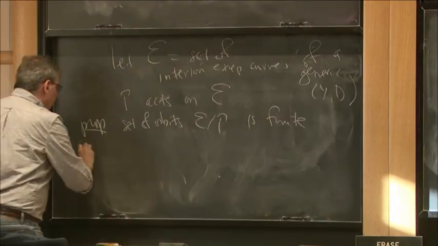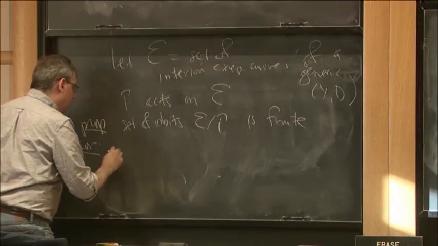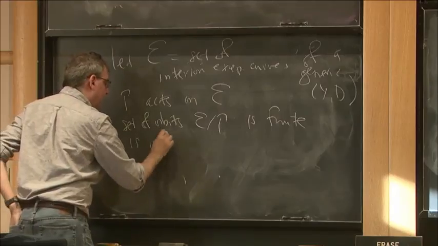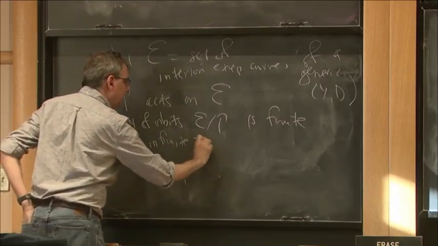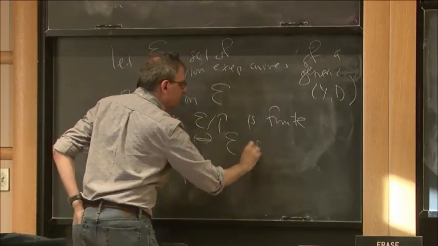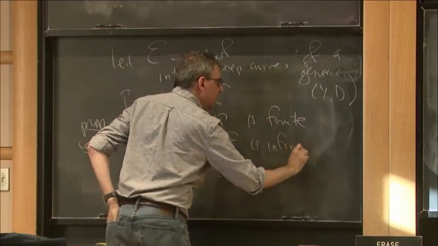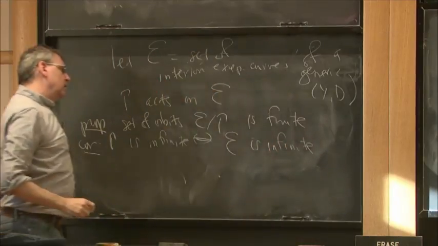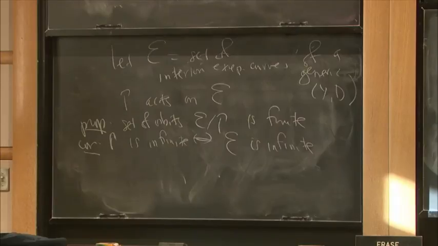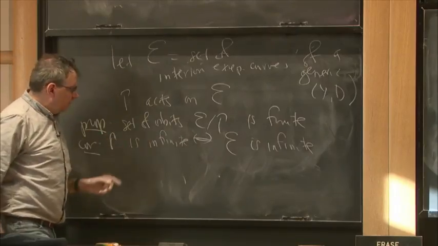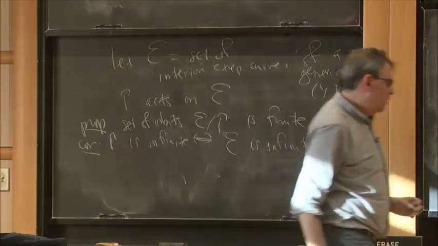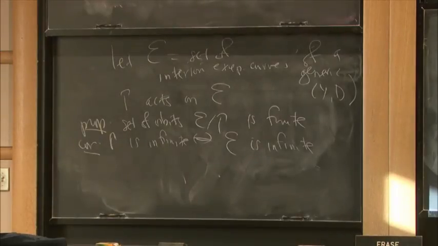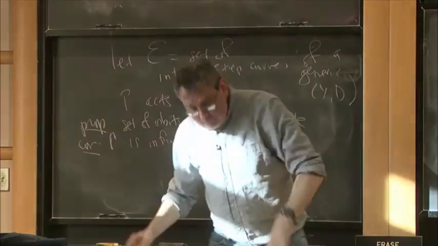And with a little more work, this says that gamma is infinite if and only if E is infinite. There's a similar statement for roots, but the implication here only goes in one way. OK, well, let me stop here and see if there are any questions.